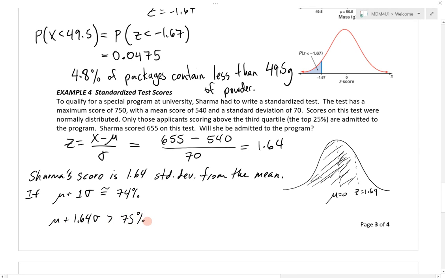So that means she would be in the top 25%, so she would be admitted into the program. So the percent area tells us where her placement is. So she is well above the third quartile.